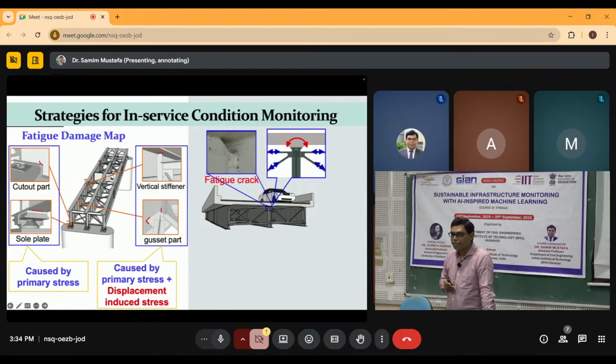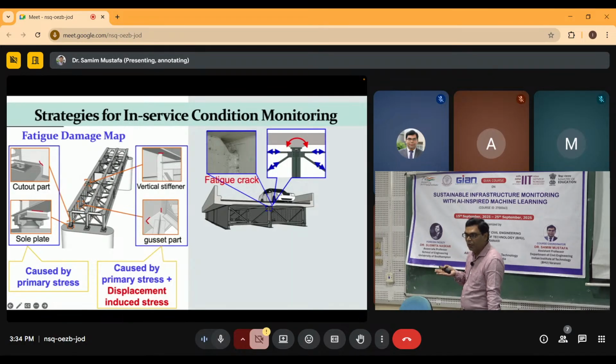Only then will we be able to put the sensor at the right place. That is what we discussed now: you need to understand where the damage will occur first, and there you put the sensor.